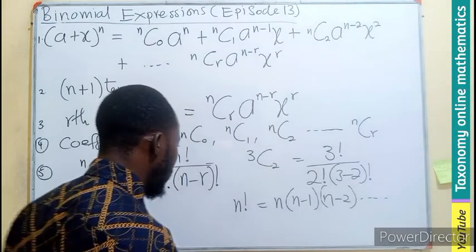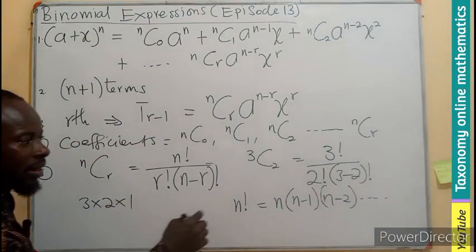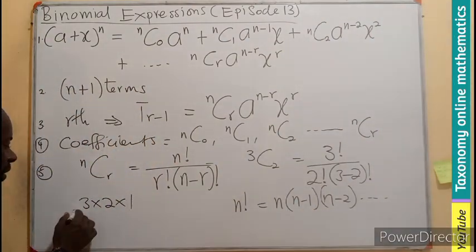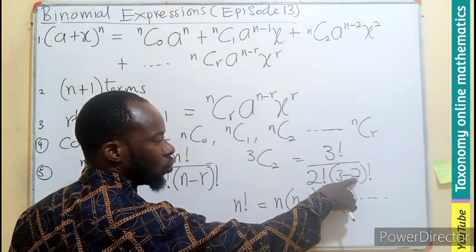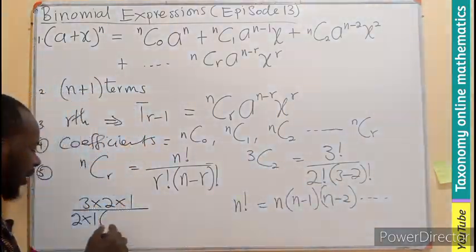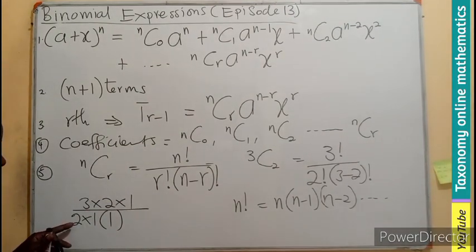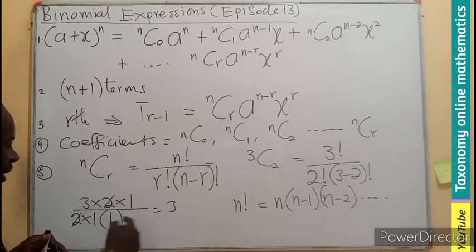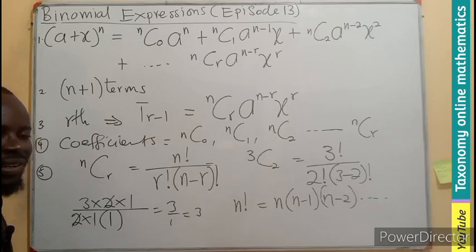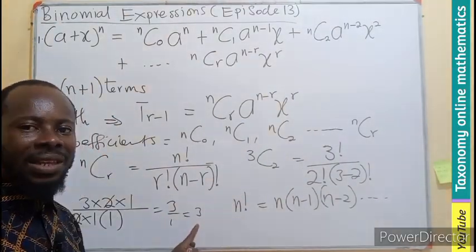So this will mean 3 times 2 times 1 for 3 factorial, divided by 2 factorial, 2 times 1. If you remove 2 from 3, you get 1 factorial, and that 1 factorial will also be 1. So now you can see 2 will cancel 2. 3 times 1 is 3, divided by 1 will still give us 3. So this calculation will give us 3.